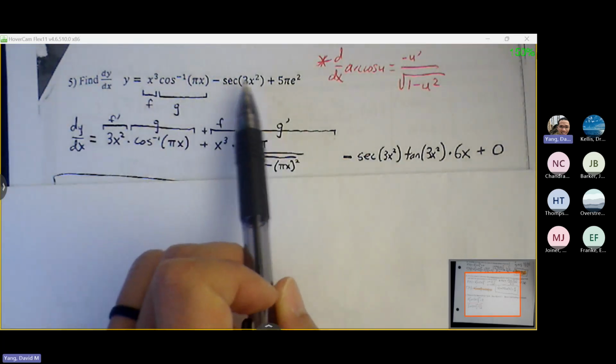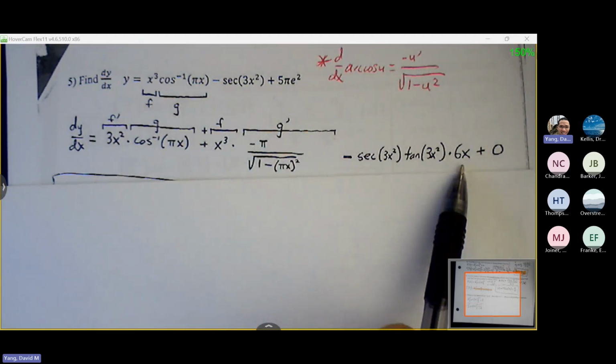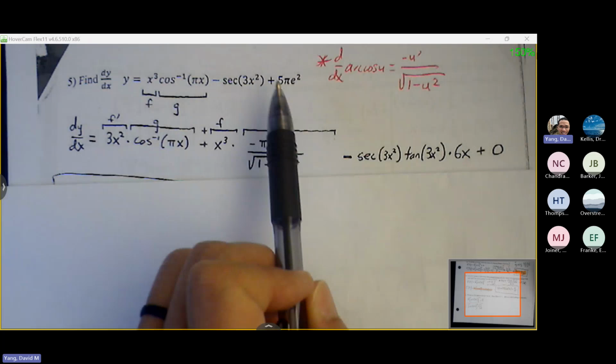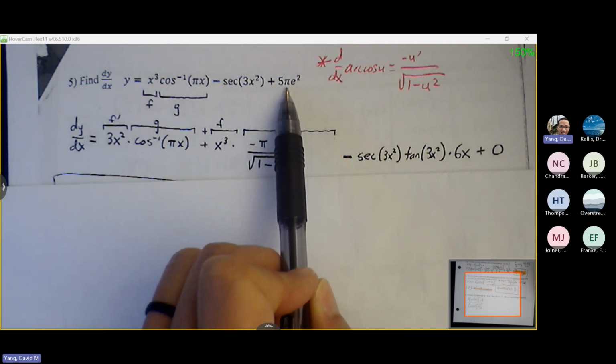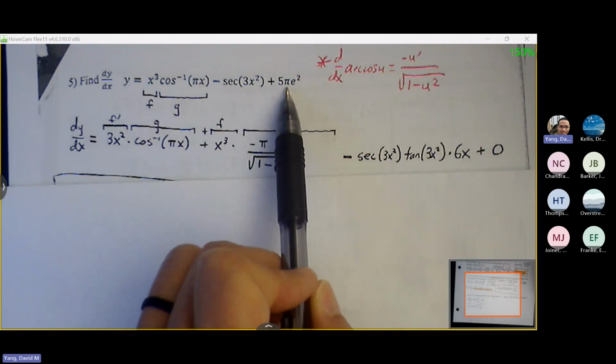Next up, secant of u's derivative is negative secant u tangent u times u prime. And then 5 pi e squared. There's no variables here. Pi is a number. E is also a number. Any number is still going to be a constant.